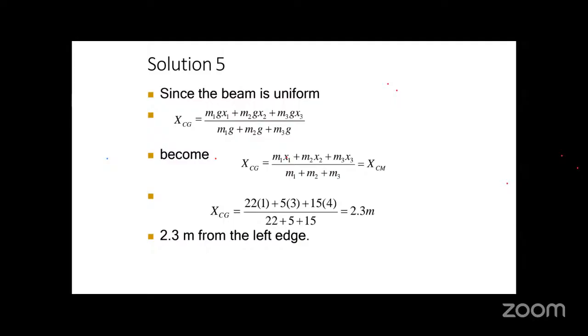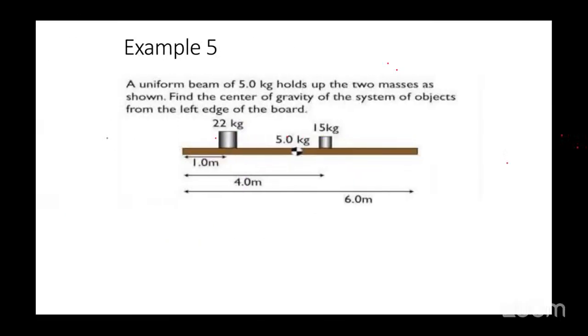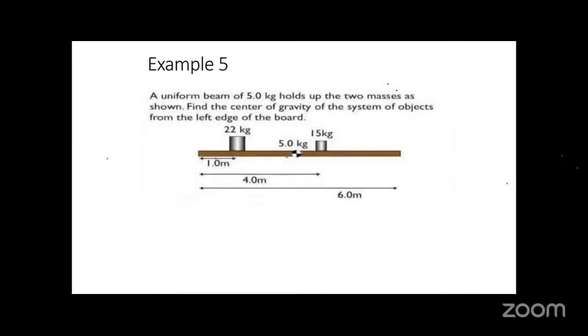So we write out M1G1X1 plus M2G2X2 plus M3G3X3 over M1G plus M2G plus M3G, because we are given three objects.